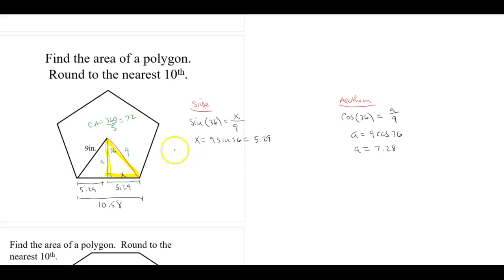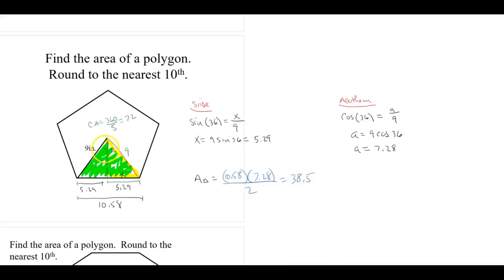Now, I can find the area of the isosceles triangle. If I find the area of one triangle, the base of that triangle would be 10.58 times the height, which would be the apothem, 7.28. When I multiply those together and divide by 2, you get an area of 38.5.